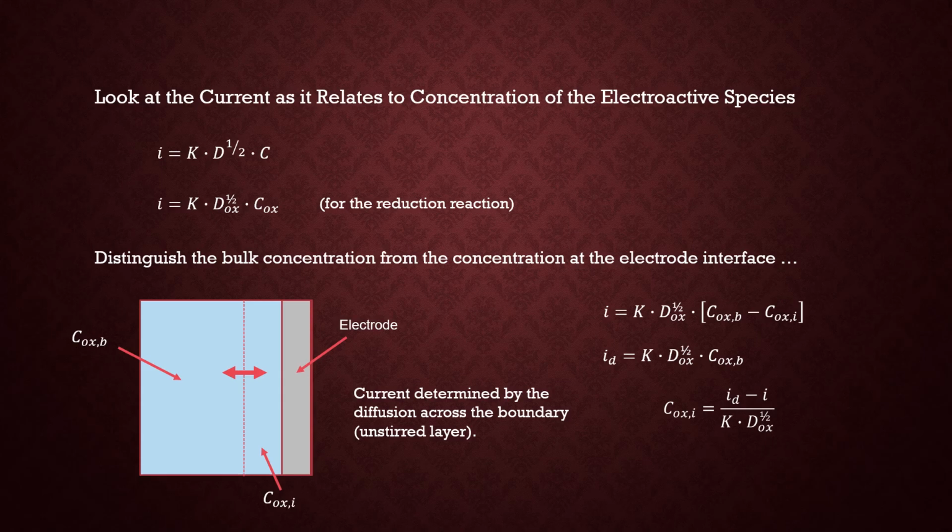Similarly, if I want to get the reduced form of the material, I realize that's going to be dependent upon the current, the transition of the stuff in the oxidized form to the reduced, and I get the equation at the bottom. These two equations at the bottom are what I'm going to substitute into the Nernst equation to follow.